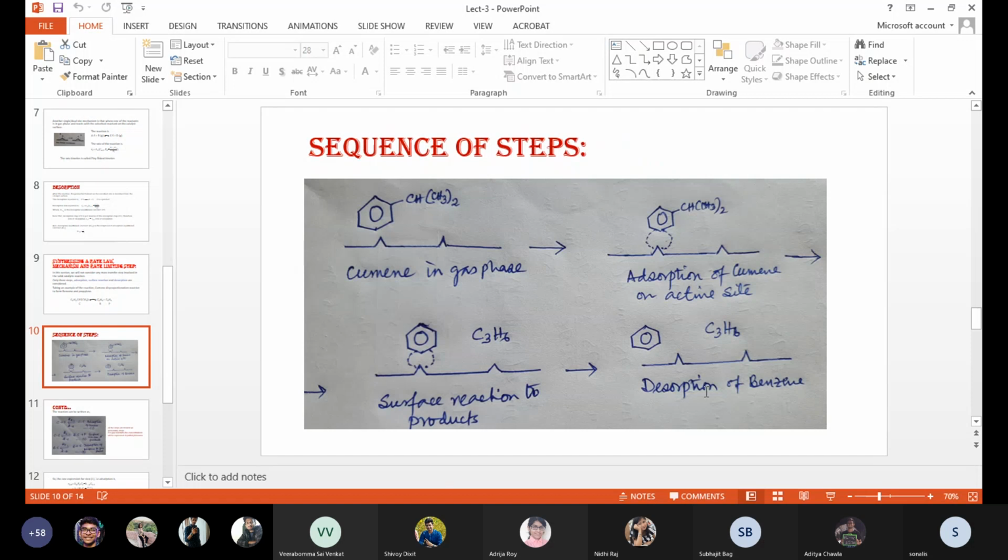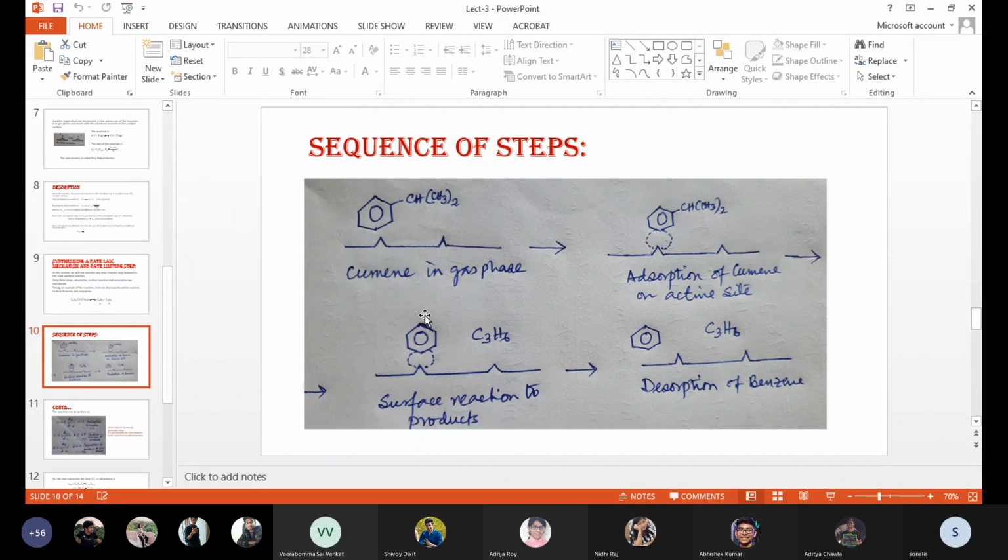For this reaction, look at this sequence of steps. Here, cumene is in the gas phase, and this is the solid catalyst surface where 2 active sites are seen. After adsorption, cumene is adsorbed on one of the active sites.